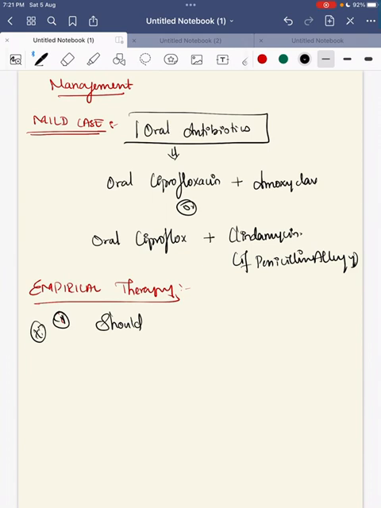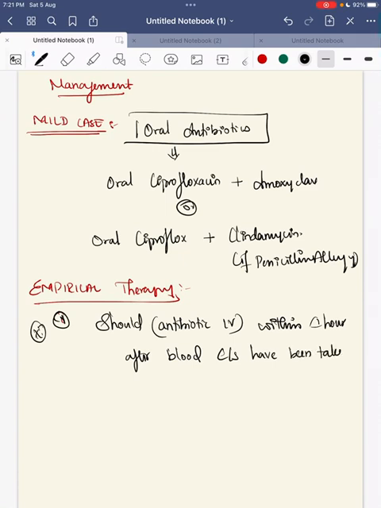This is an important one: you should start the empirical antibiotic within 1 hour after taking blood culture. If you are not able to take blood culture also, you should immediately start the antibiotic therapy for that patient. Okay, that is very important.